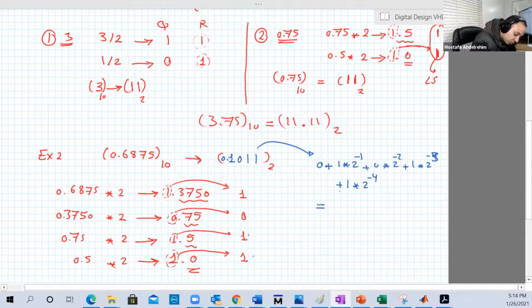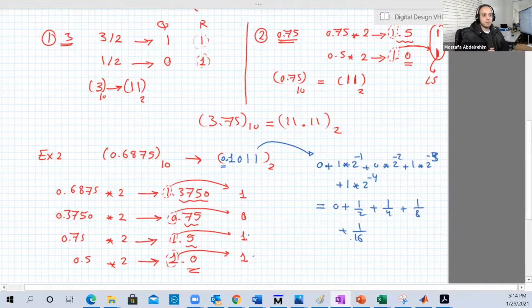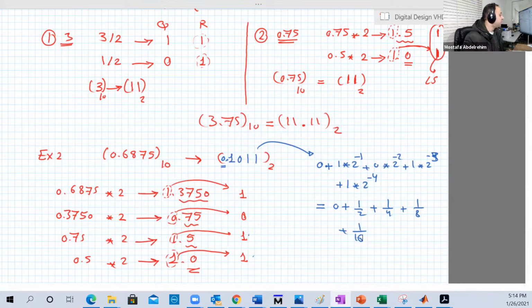Then this is equal to 0 plus the fractions. The 0 is before the binary point, not the decimal point. So 2 to the power minus 1 is half, plus a quarter, 1/8, then 1/16. Let's do it together with a calculator.